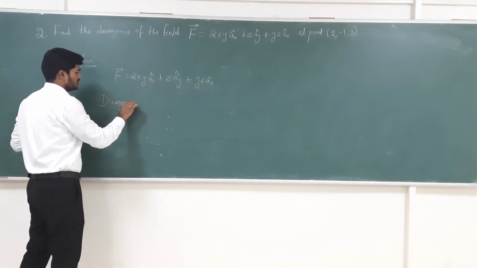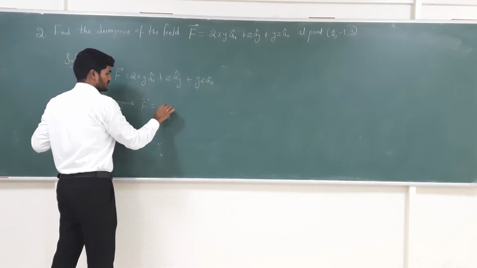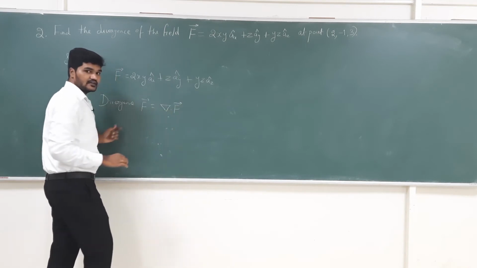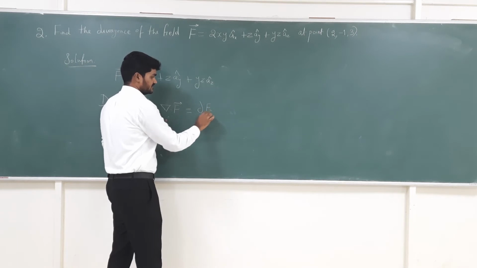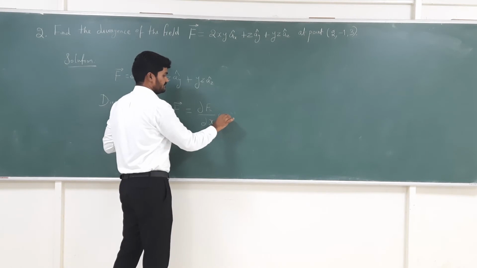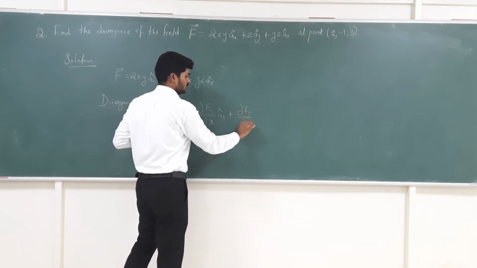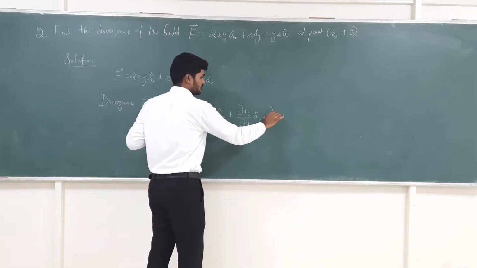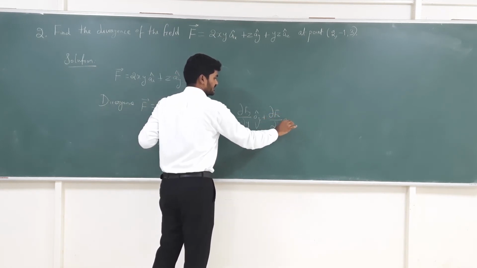Okay, so the divergence of F vector, that is del dot F vector, is equal to ∂F_x/∂x a_x cap plus ∂F_y/∂y a_y cap plus ∂F_z/∂z a_z cap.